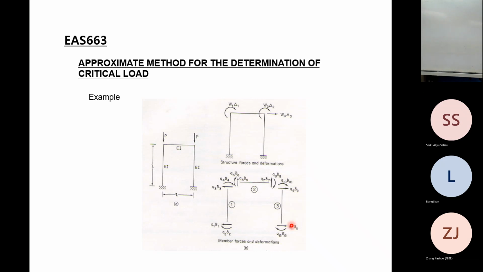That's why it is pointed in this direction, this one is pointed in this direction, and this one is pointed in this direction. And also here, this one is pointed in this direction, and this is pointed in this direction for the displacement.